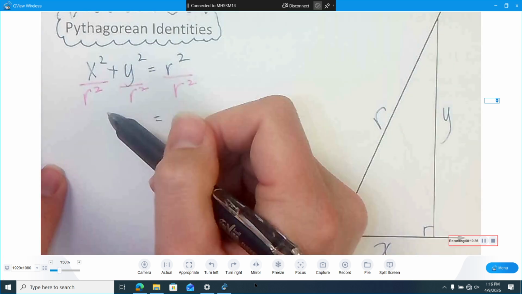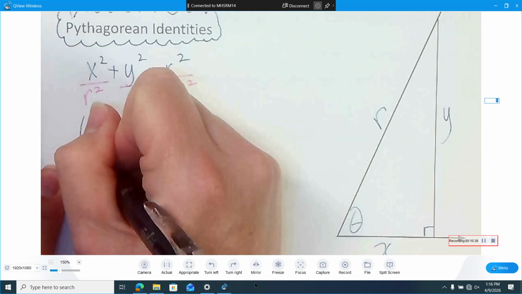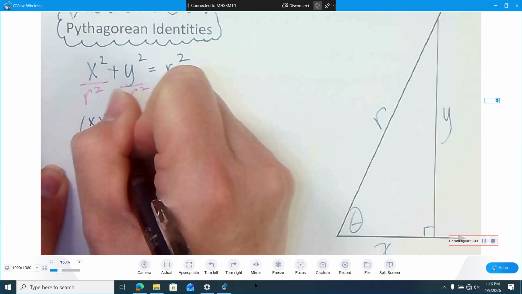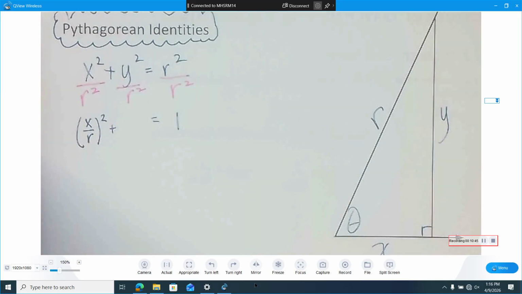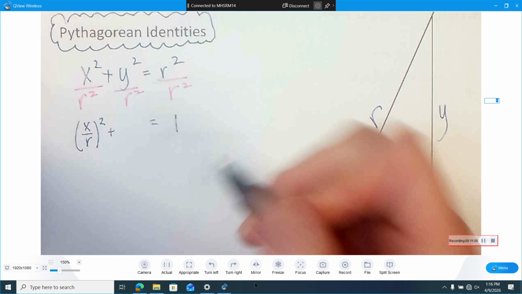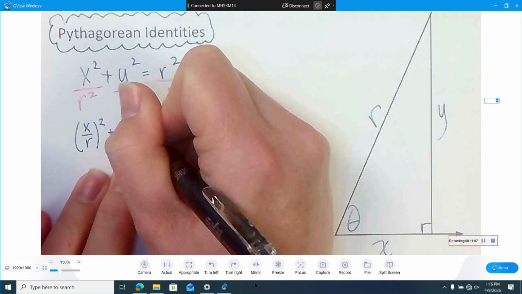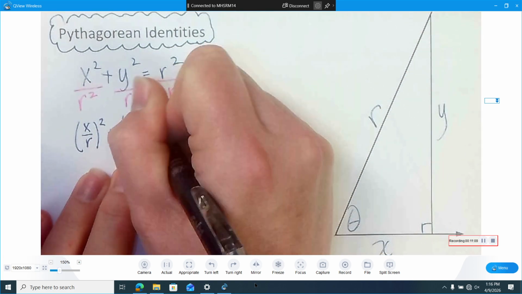And then over here, I can rewrite this as x over r quantity squared, and this as y over r quantity squared. This is a common method: divide through to get a 1 somewhere.